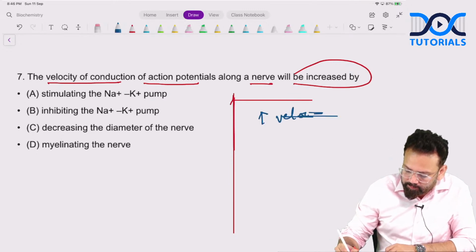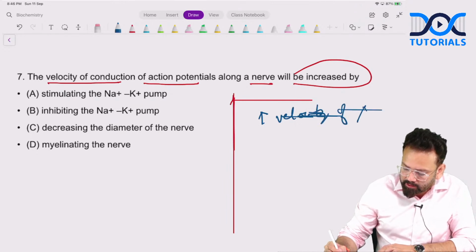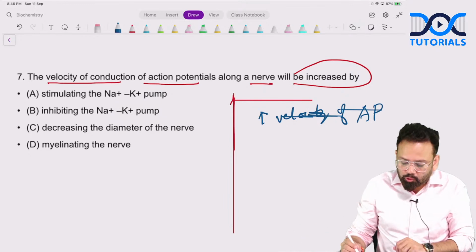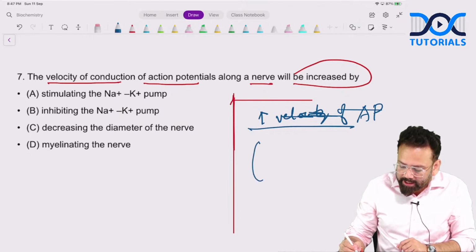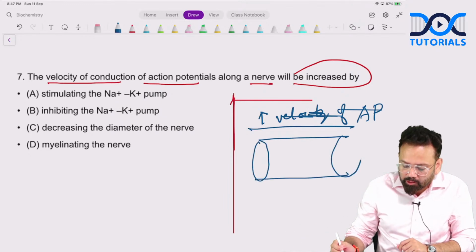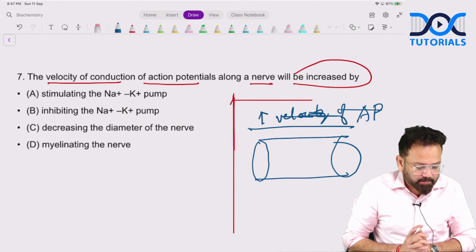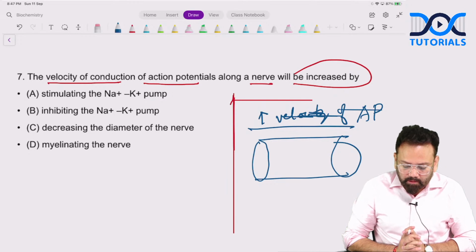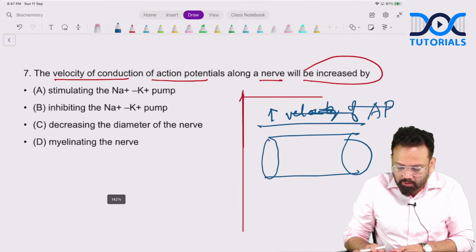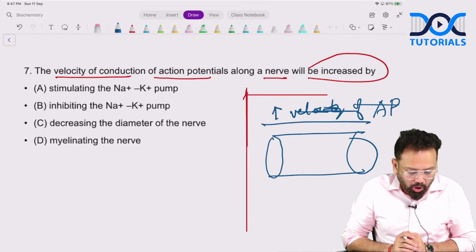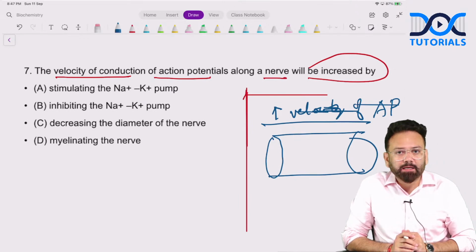Number 1, if you increase the diameter of the neuron. Okay, first tell me the answer, then I will explain that. What is your answer? Velocity of conduction of action potential along a nerve will be increased by.